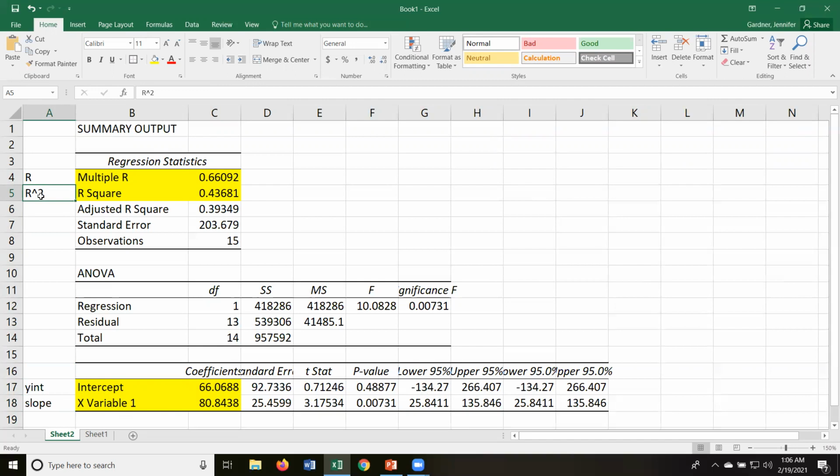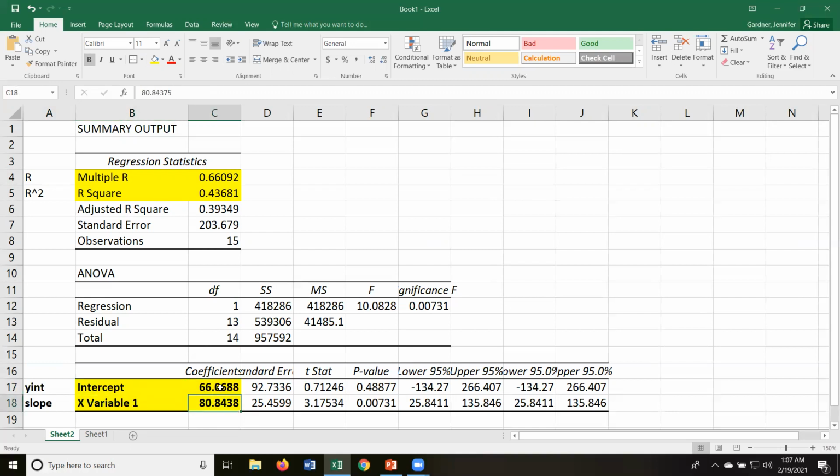Because R tells you how much something is correlated, and R squared tells you how much variation is explained. Both of them are percentages, both of them tell you something different. Great to go investigate that further. But right now, we care about these two. The intercept, the slope. So right here, intercept, right here, slope.